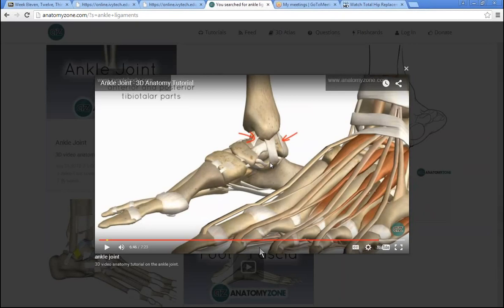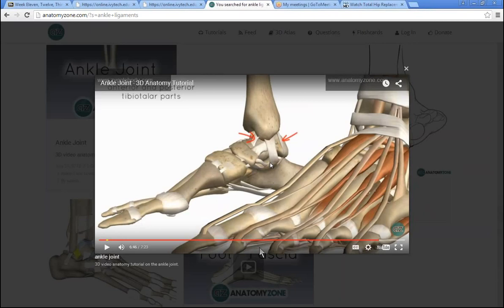Again, we have an anterior and posterior ligament that attaches to the talus on both sides: the anterior talofibular ligament, a posterior talofibular ligament, an anterior tibio-talar ligament, and a posterior tibio-talar ligament.